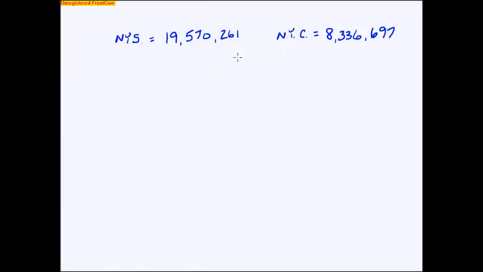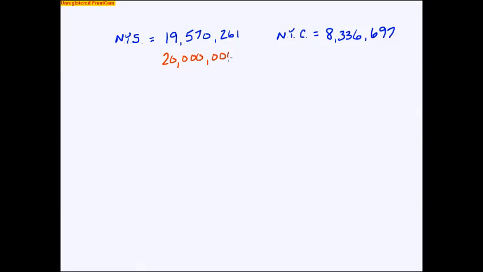I already put down the numbers here. Number 2 says how many times greater. Again, underline that, how many times greater. That tells me we're going to be dividing two numbers. Is the population in New York State than in New York City? So I'm going to do the same thing as I did before. I'm going to try to approximate these really, really close.